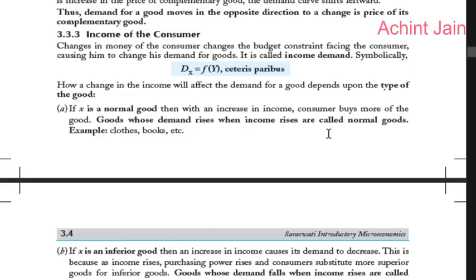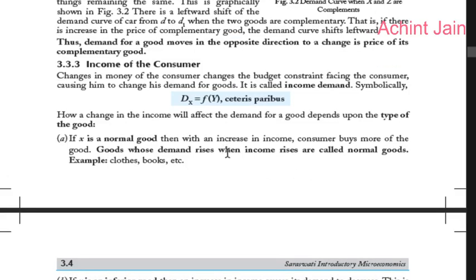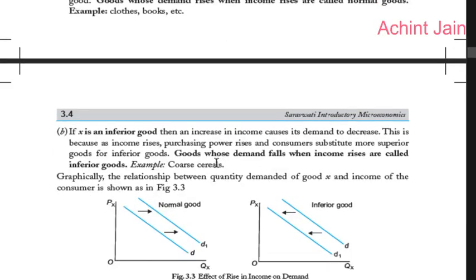Like when our income rises, we try to purchase more clothes, more books, more comfort, luxury, or even necessary products. But inferior goods are goods whose demand falls when income rises, like coarse grain, like bajra, or coarse cereals. That is the inferior good.